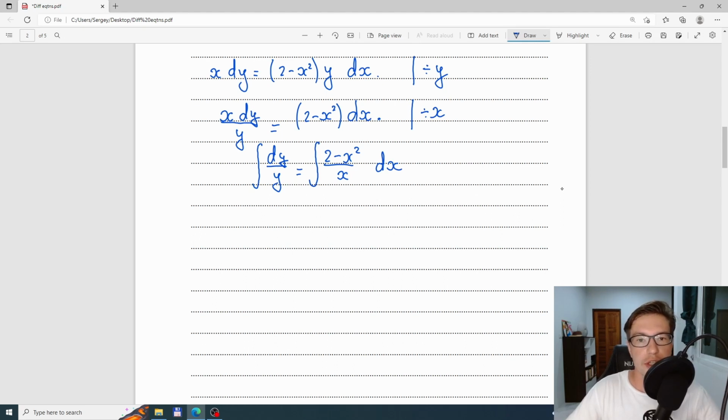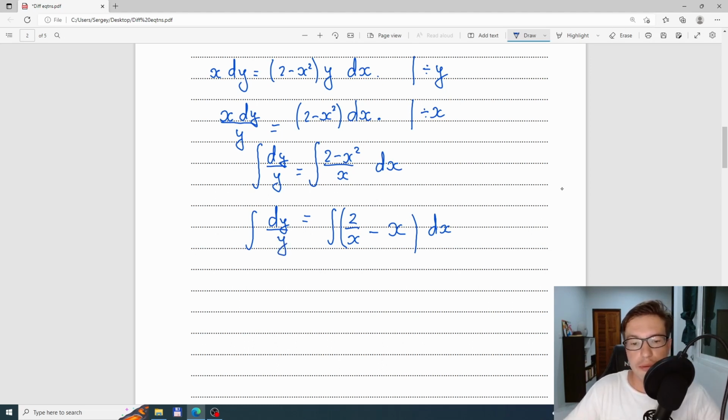So the integral on the left is going to be, again, natural log y. And in order to integrate the right side, I will just have to split the fraction into 2 over x minus x squared divided by x, which is just x, dx. And on the left, we've got dy over y.